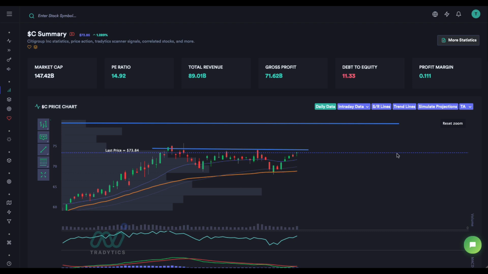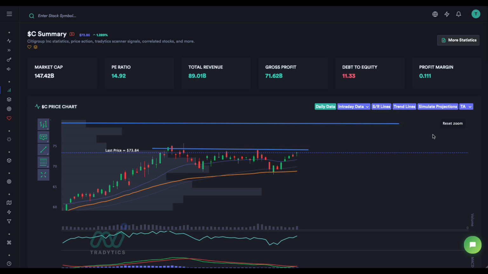Let's say we break this level and we keep going up, and then we stop at this level. Now that's a very large increase in the stock price, and that is going to translate to hundreds of percents of increase in the options price, and that's what you want. You want to maximize your reward to risk. So that's how we can go into this alert.